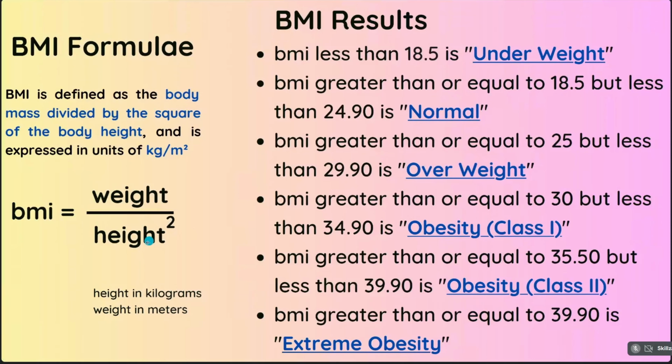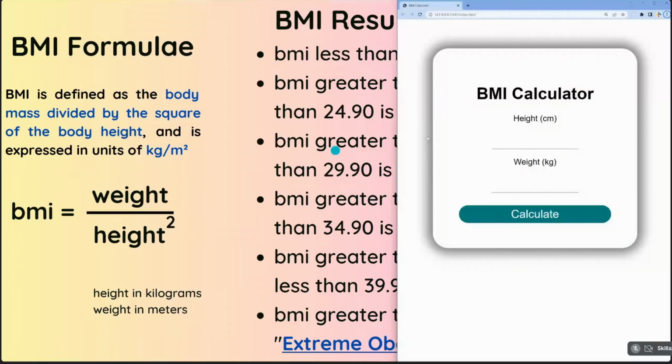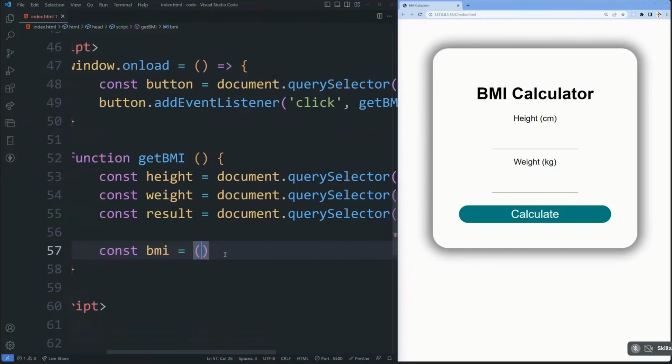So in order to convert meter into centimeter, because centimeter is what we are capturing here, right? In order to convert that height into centimeters, 1 meter is 100 centimeters. So you need to multiply 100 into 100, which is like 10,000. So that multiplication we need to make. Okay, so let's go ahead and see the formula there.